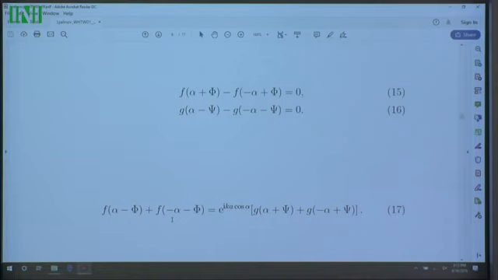This boundary condition has the following form. Because here we use one system of polar coordinates, and here we have a different system, so we have a kind of shift. The length of this segment is A, so we obtain such a specific analytic coefficient in these functional equations.